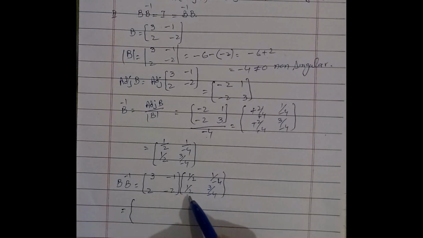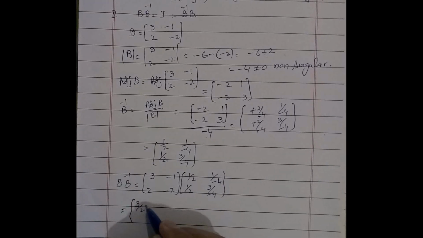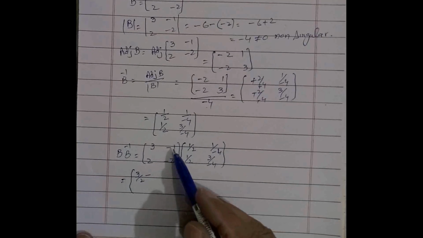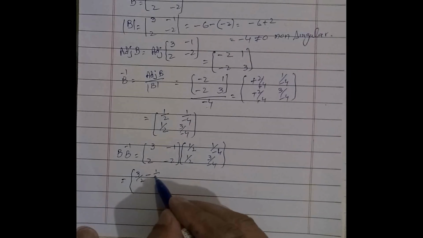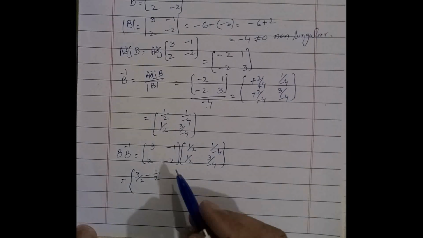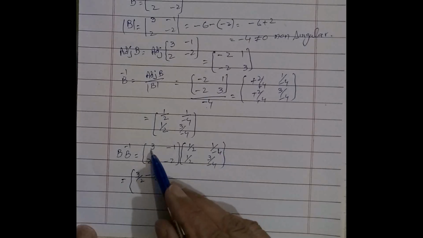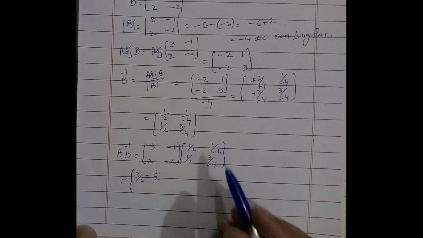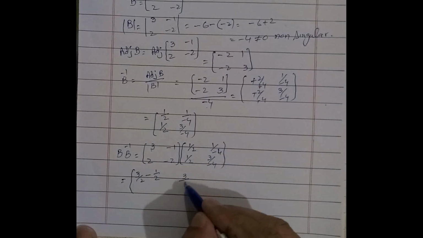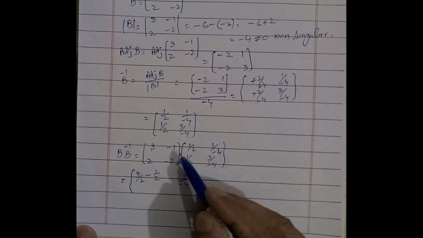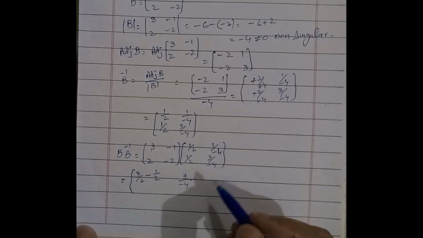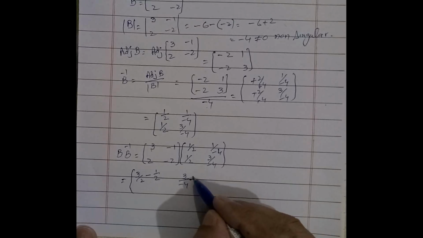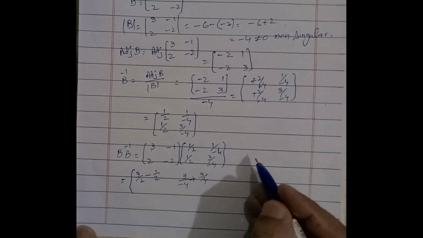Now we multiply these two values. First row with the first column: 3 multiplied by 1 over 2 is 3 over 2, minus 1 multiplied by 1 over 2 is minus 1 over 2. First row with the second column: 3 multiplied by 1 over minus 4 is 3 over minus 4, minus 1 multiplied by 3 over minus 4 is plus 3 over 4.